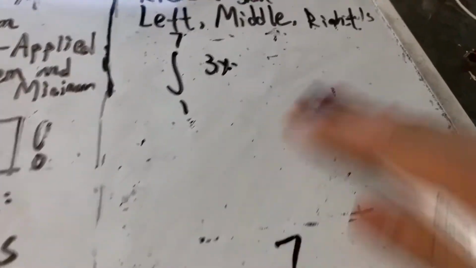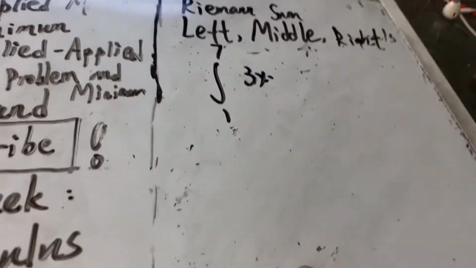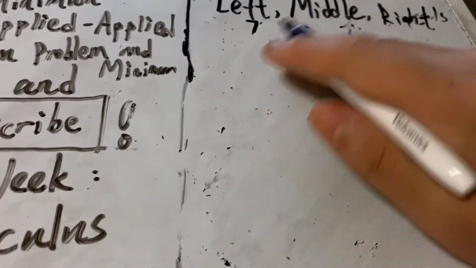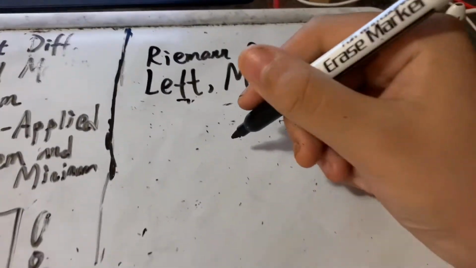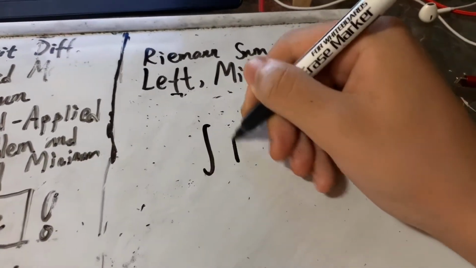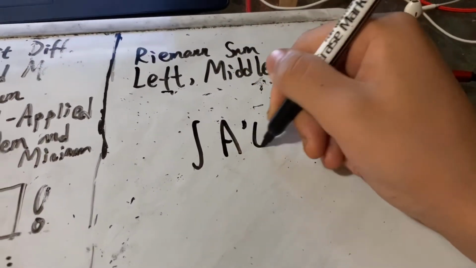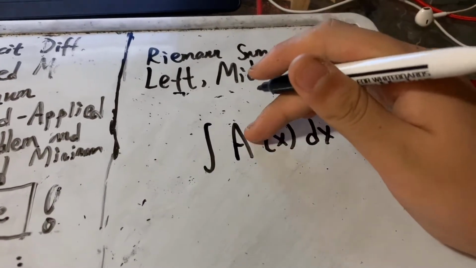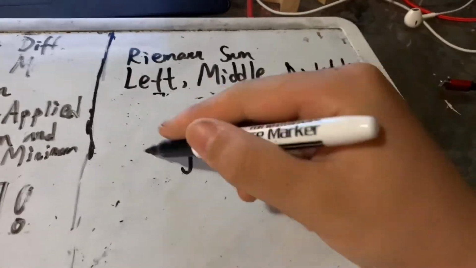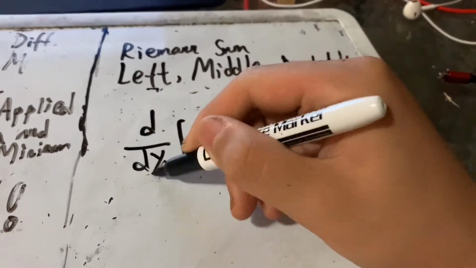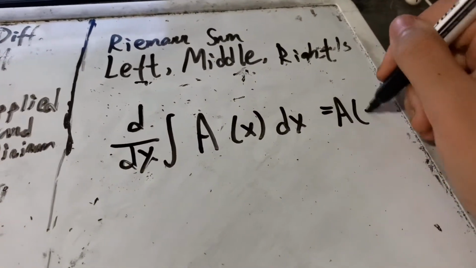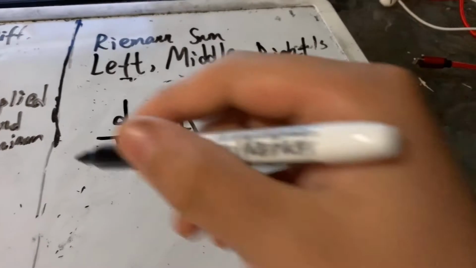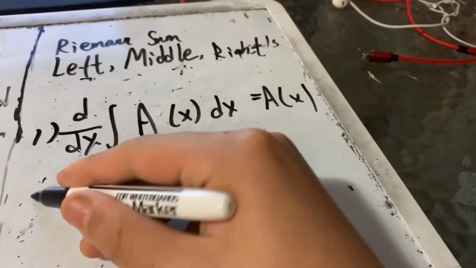Lastly, antiderivatives. There are two laws. One is that this is definitely equal to this, the first law of the fundamental theorem of calculus.